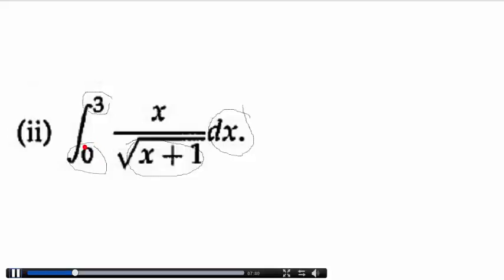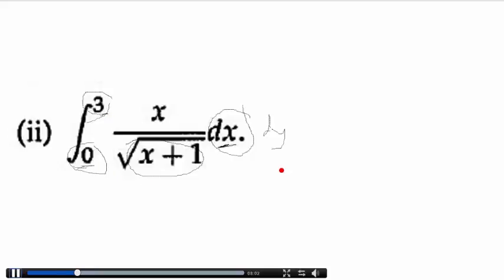The upper and lower limits are for x. You cannot have this as dy, and your limits of integration would be in terms of x. The variable we integrate with respect to has to be in correlation with the upper limit and your lower limit.